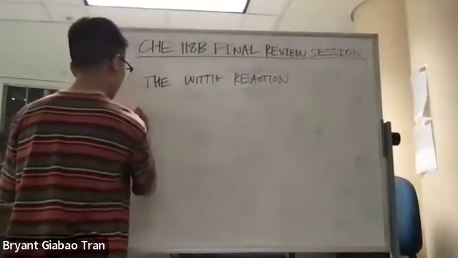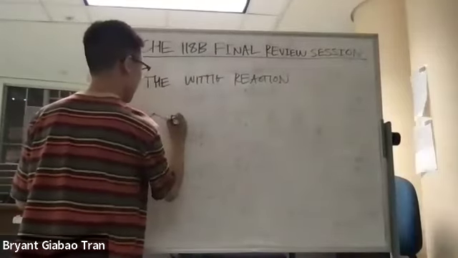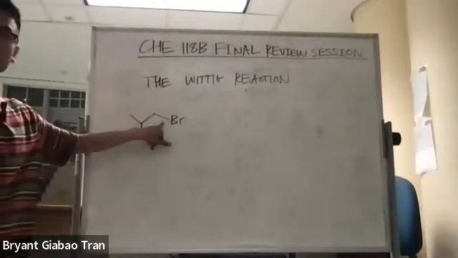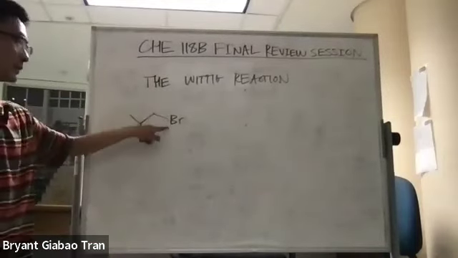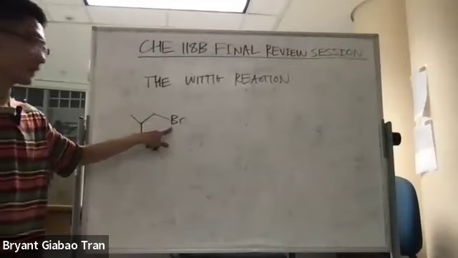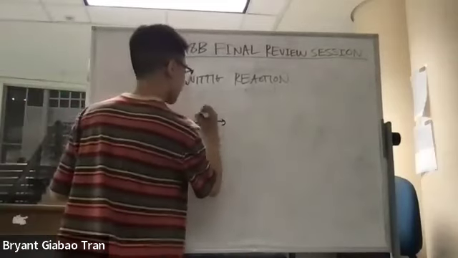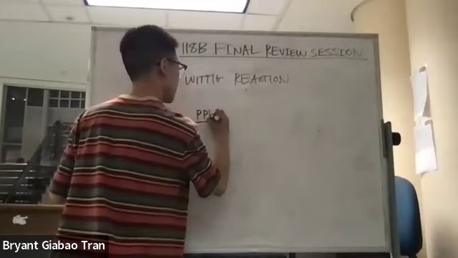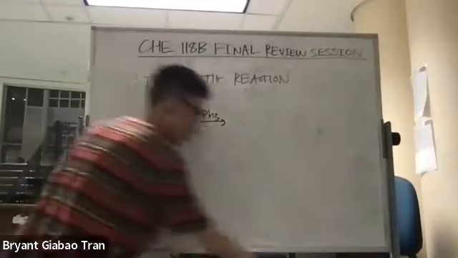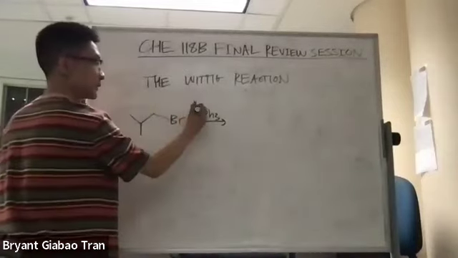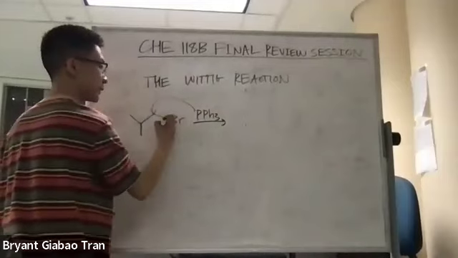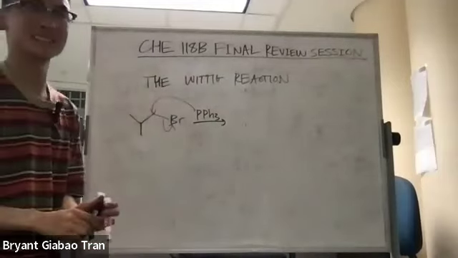So let's say we have this random haloalkane right here. We can make this into an ylide where this carbon will have a double bond with phosphorus triphenyl here. To do that, the first step is to introduce that phosphorus triphenyl as a nucleophile, which we do by an SN2 reaction. This phosphorus here will attack that electrophilic carbon and kick out that leaving group.